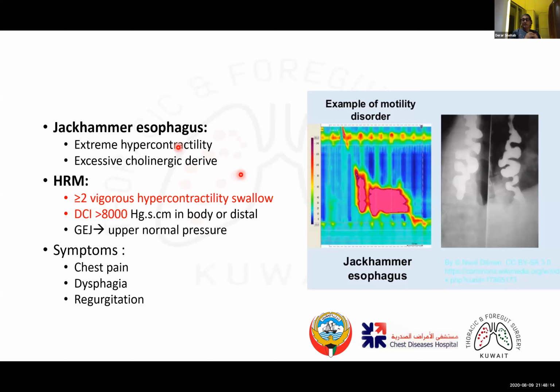The DCI, the distal contractility integral, measures the strength of contraction and is usually more than 8,000. Normally, the DCI is between 450 and 8,000. So if it is more than 8,000, it's definitely going to be a very strong, very vigorous contraction.